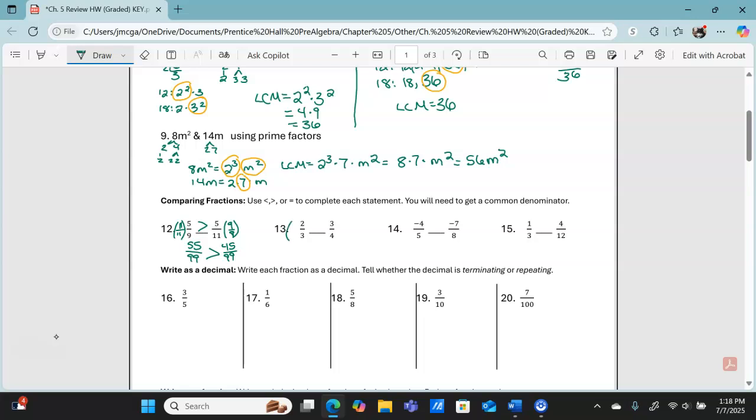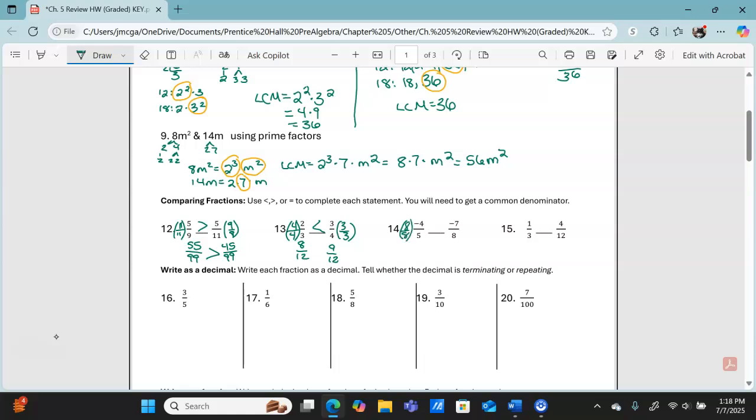3 and 4, my common denominator is 12 because it's the least common multiple. So I'm going to have 8 over 12 compared to 9 over 12. 9 over 12 is the bigger one. Here, they're both negative, so I do need to look at them. 5 and 8, common denominator is 40.